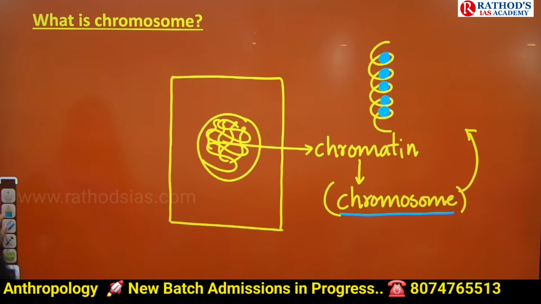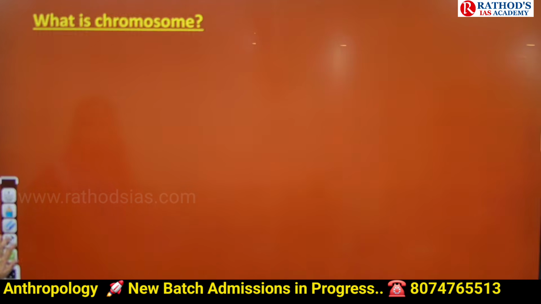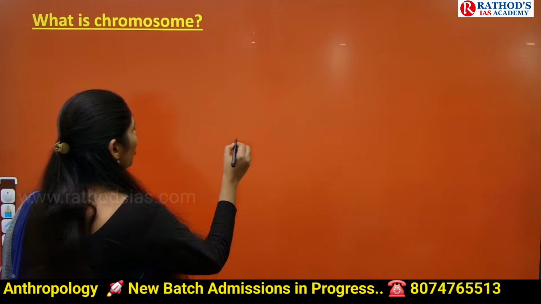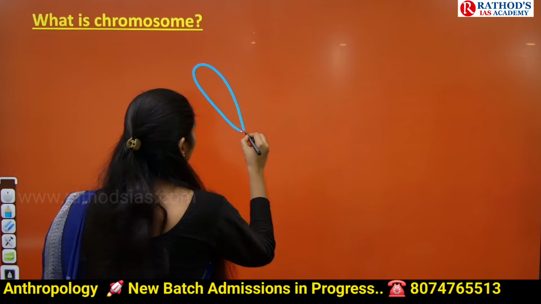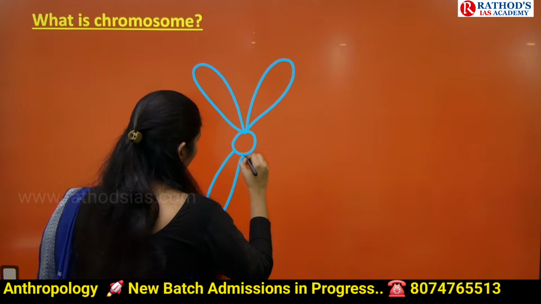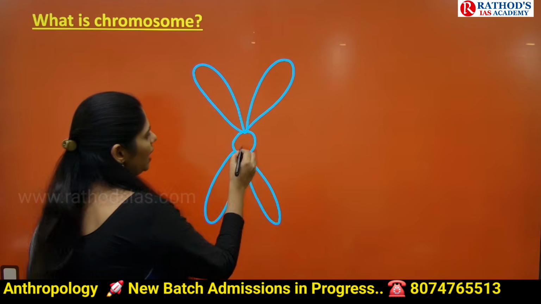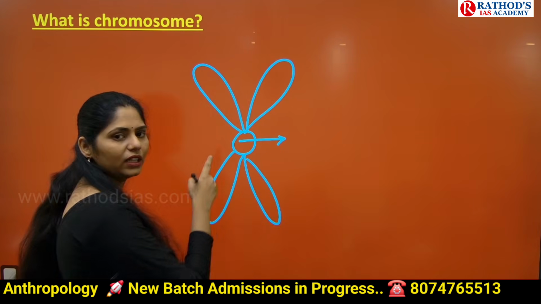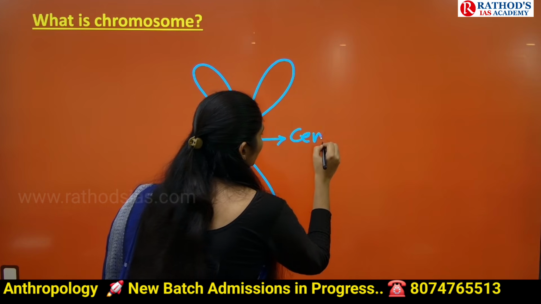And now let us see the structure of the chromosome. If you see the structure of a chromosome, normally the structure will be in this way. Two arms on the upper side and two arms on the lower side, joined at a point, and this point is called the centromere.